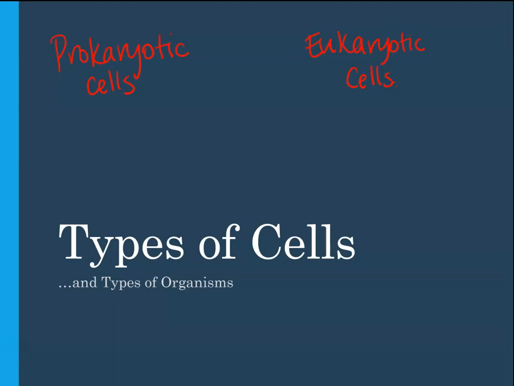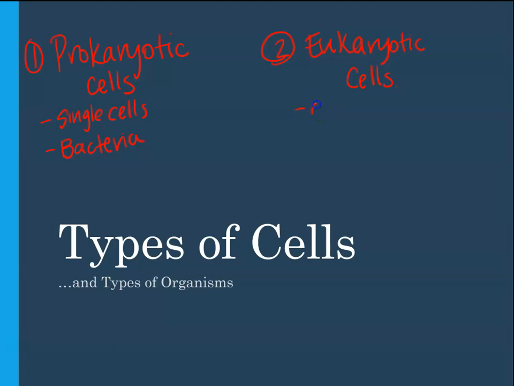So when I ask you what are the 2 main types of cells, your response is, one is prokaryotic and the other is eukaryotic. We'll talk about some specific characteristics of each of these, but our prokaryotic cells are single cells, and they are organisms such as bacteria.